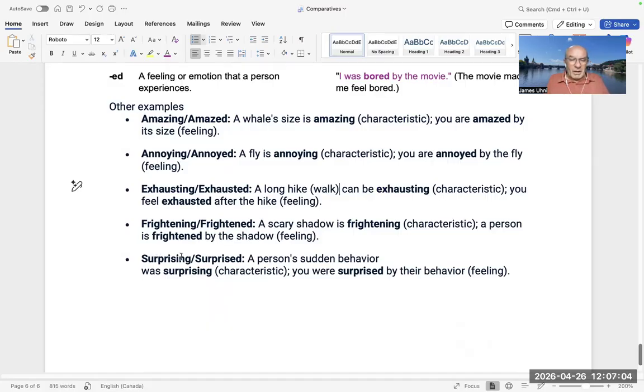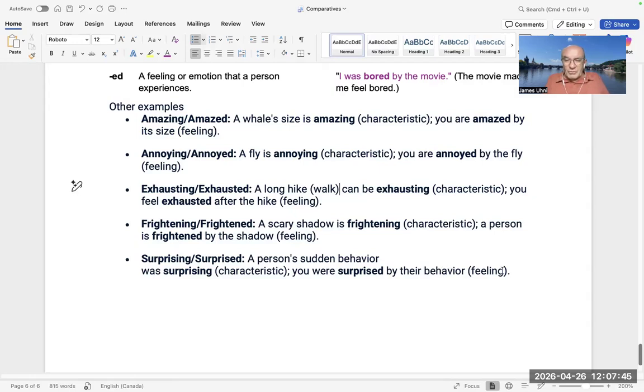And then there is surprising and surprised. A person's sudden behavior was surprising. You were surprised by their behavior, a feeling. We see that quite often. For example, a woman's behavior or acting was surprising because the man sitting beside her surprised her with a ring and asked her to marry him.